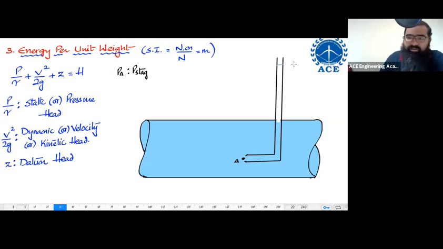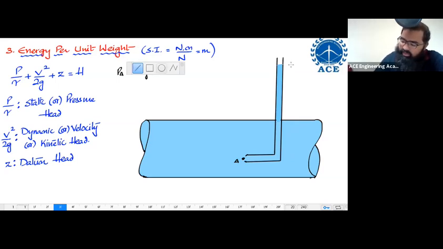So basically the fluid will rise up to some level so as to maintain that pressure. Let us say the fluid rises from here up till here to maintain this much pressure. Now the question is, what is this particular height called?